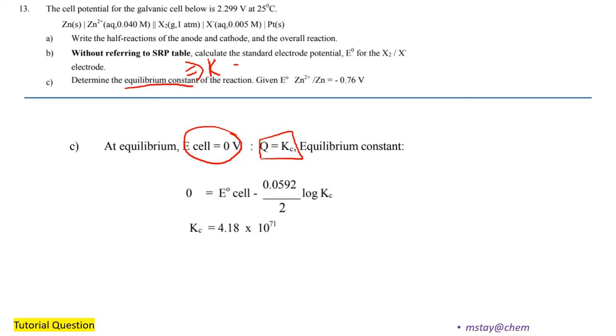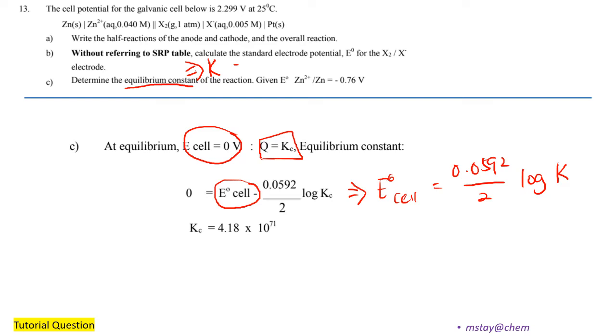So when we do this, we say that E cell equals 0, which is E naught cell minus 0.0592 over 2 log K. From here we can determine the value of E naught cell, so E naught cell will equal 0.0592 over 2 log K.